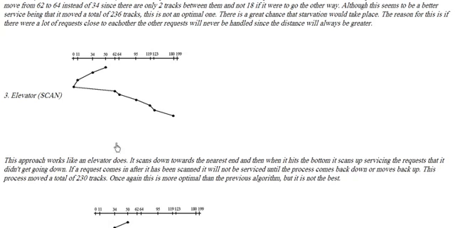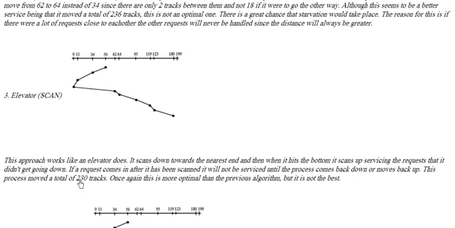So the elevator algorithm works like the real elevator in real life. It scans down towards the nearest end, and when it hits the bottom, it scans up, servicing the requests that it didn't get going down. If a request comes in after it has been scanned, it will not be served until the process comes back down or moves back up.